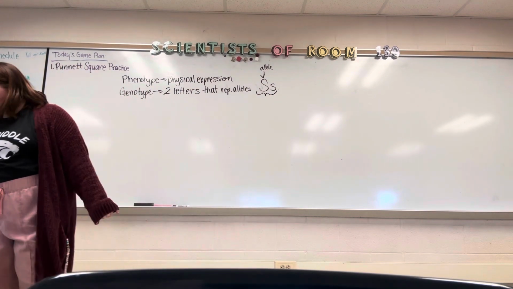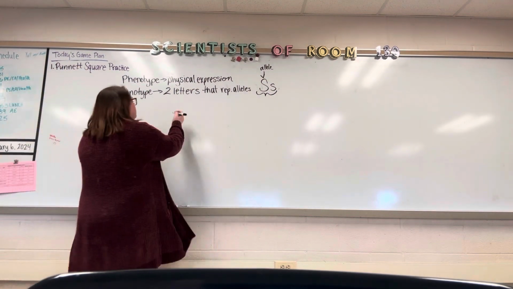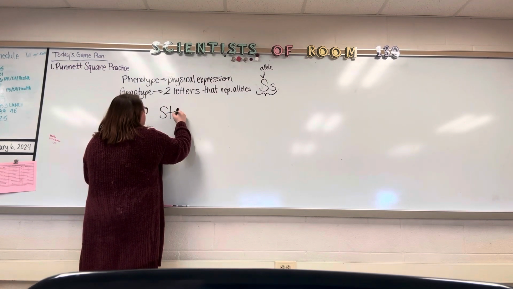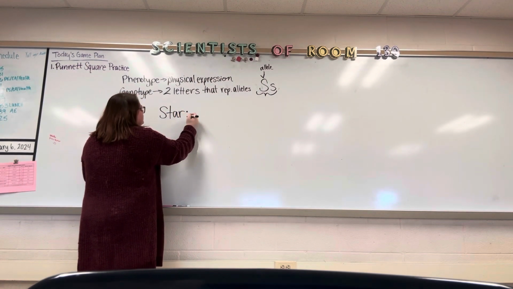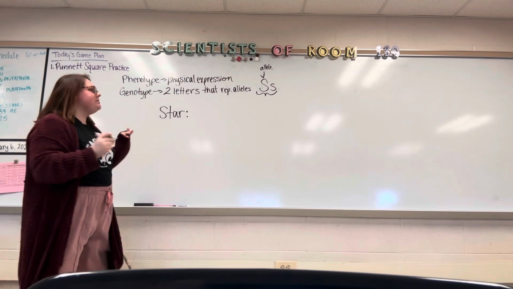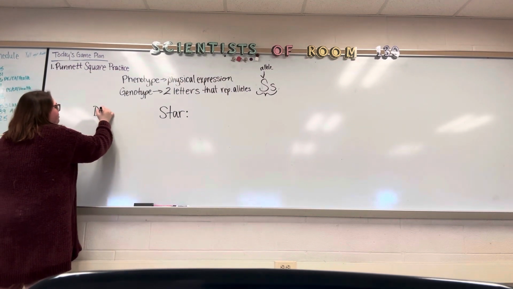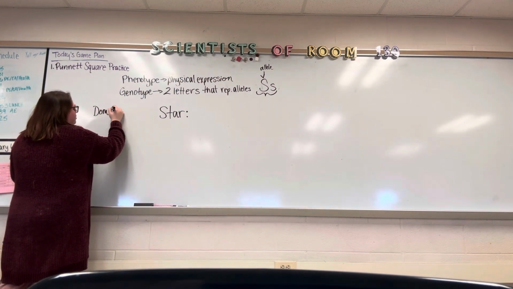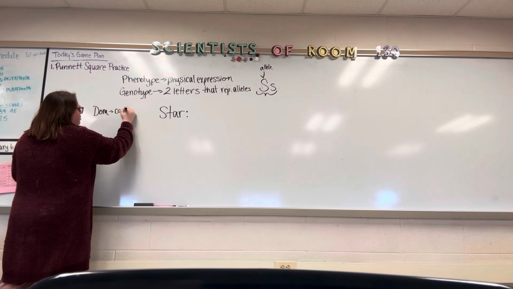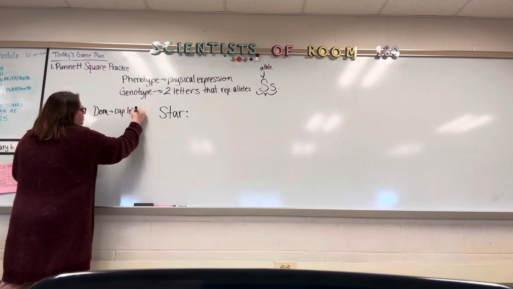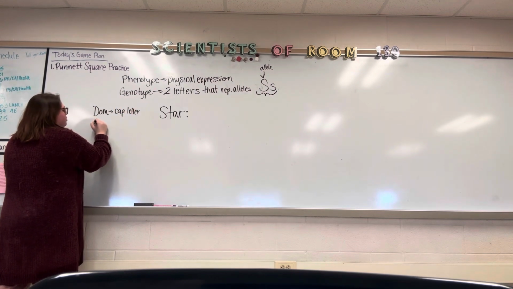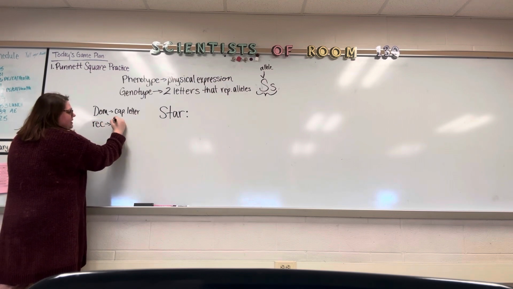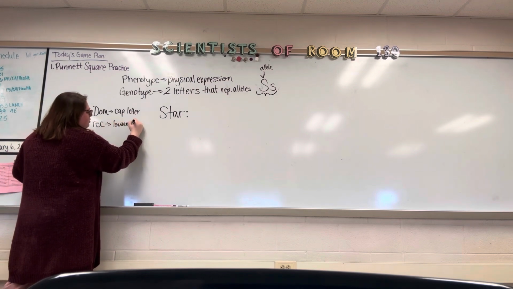So, for having a star is a dominant trait. Dominance is represented by a capital letter. When it's recessive, it's going to be a lowercase letter.